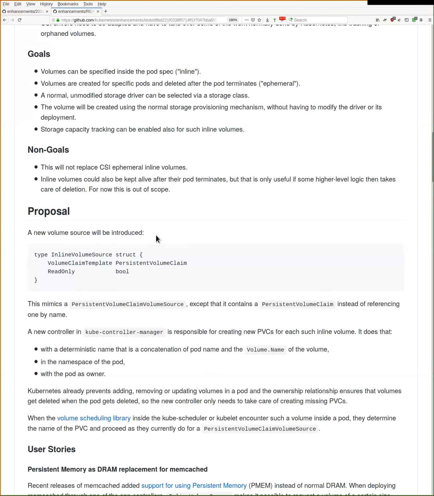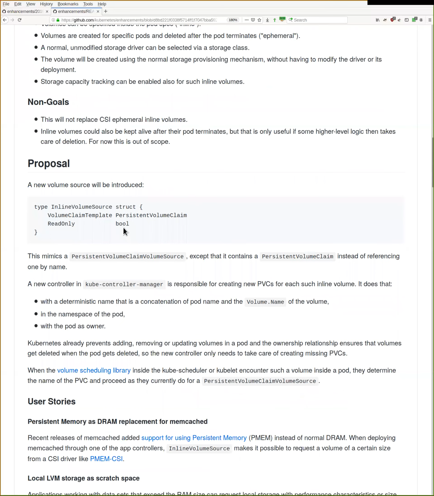Yeah. So for CSI inline volumes, we do have a CSI volume source, which is basically just driver name plus parameters. And for the new inline volumes, we will have something where Jan has already pointed out that the name might not be perfect. We will have an inline volume source, and that gets embedded inside the larger volume source as another optional pointer. So the volume may be provided by this volume source here.